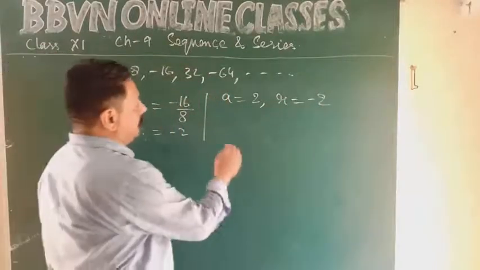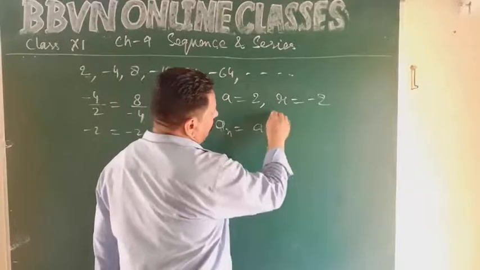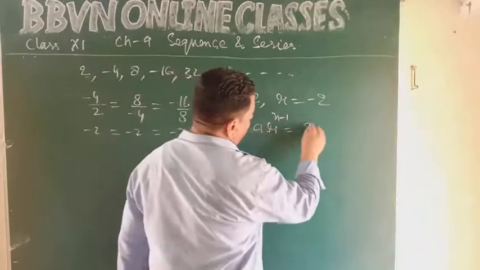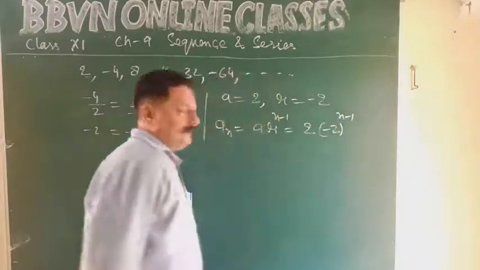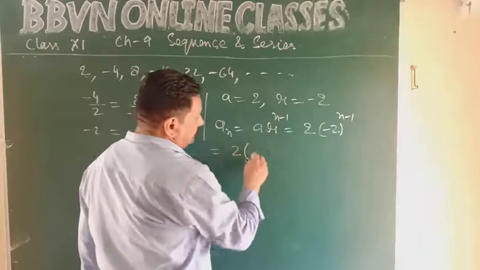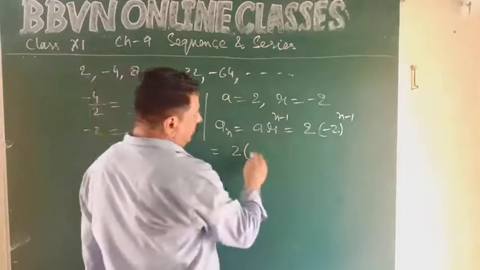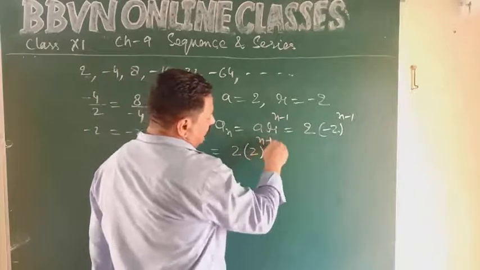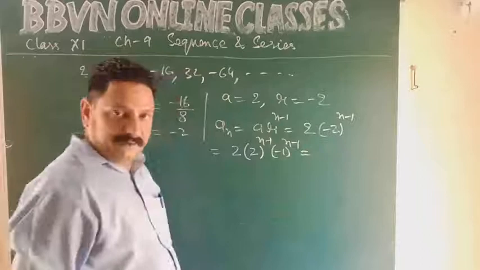So what should be the nth term? An is equal to AR to the power n minus 1. So A is 2 into R is minus 2 to the power n minus 1. So I can do one thing. 2 into, if I want to write it in the simplest form, 2 into 2 to the power n minus 1 into minus 1 to the power n minus 1. Right?